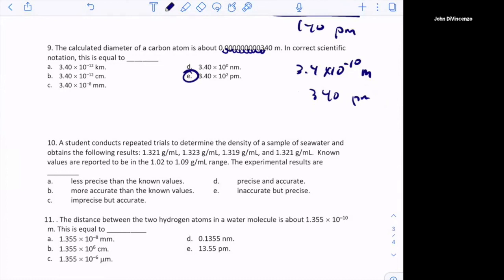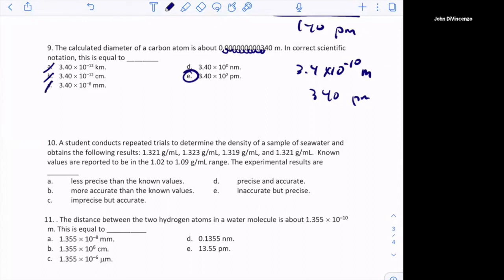Kilo is a factor of 3 different, and they're only a factor of 2 different there, so it can't be kilo. Centi is a factor of 2, but the number got smaller. It should get larger, right? So it should have been 3.4 times 10 to the 8th centimeters, not 10 to the 12, right? Nano is a factor of 1 different, so that's no good.